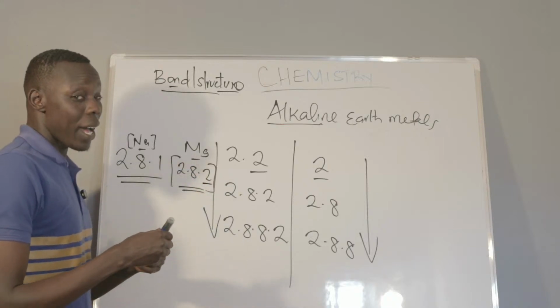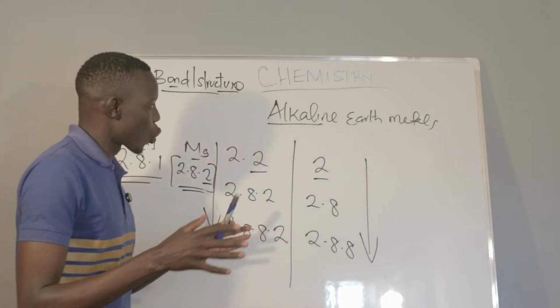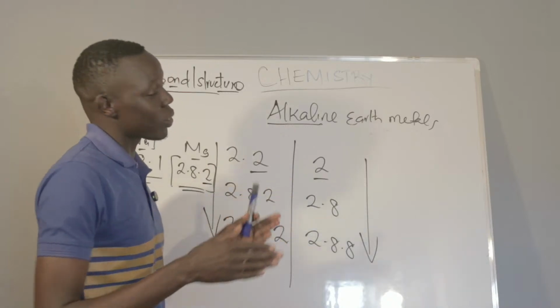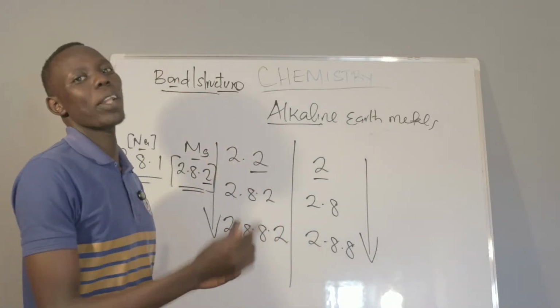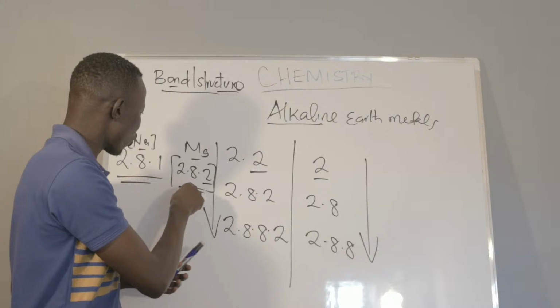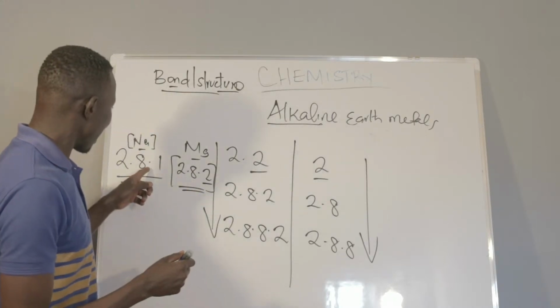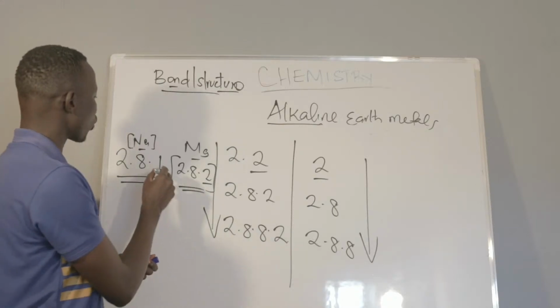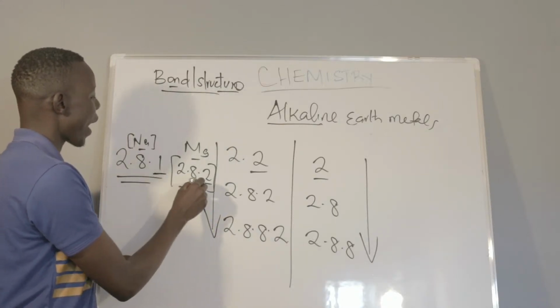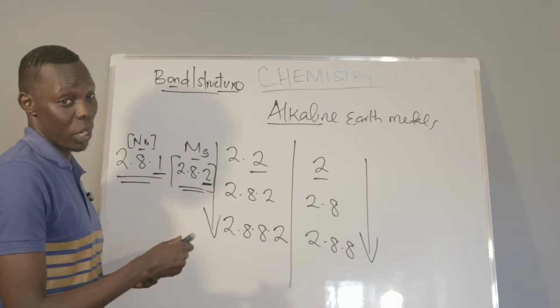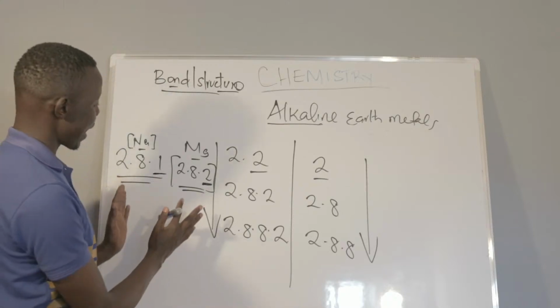So basically again, group 2, which is alkaline earth metals, are less reactive compared to group 1. Why? If you compare now between sodium and magnesium, which one is the most reactive? It is sodium. Why? It is easier for sodium to lose 1 electron than for magnesium to lose 2 electrons.